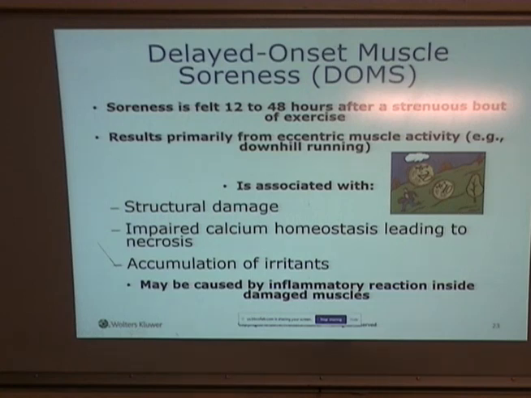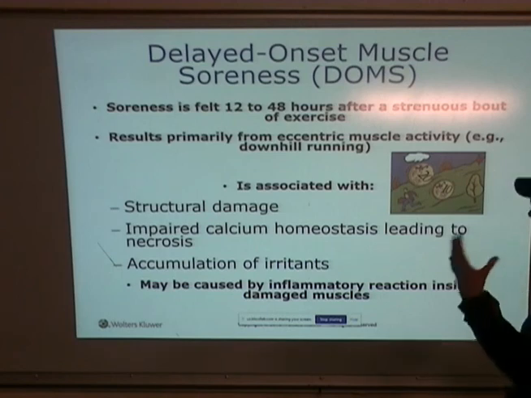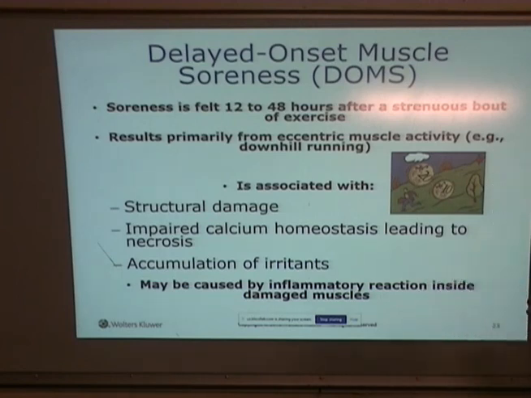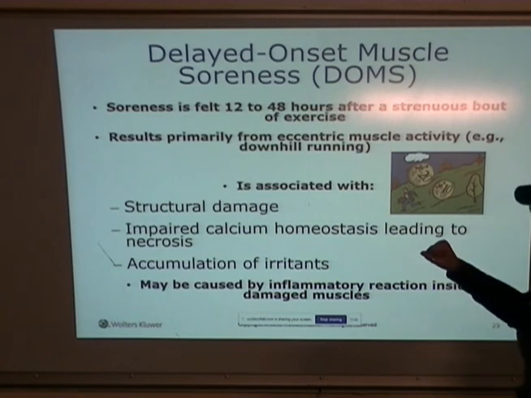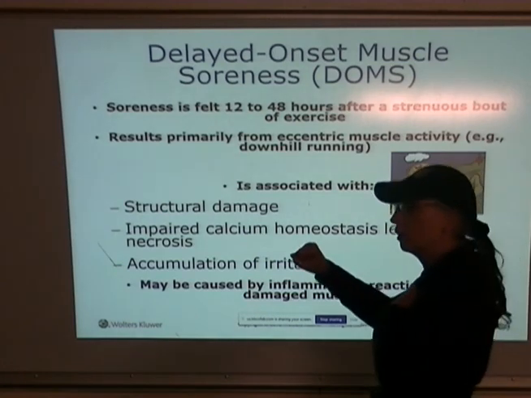Someone who's untrained is going to get a lot more sore than someone who trains on a regular basis. So you've got to be really careful with your beginners and your sedentary or low active people, because I don't know about you, but when I lift, I like a little bit of soreness the next day because it tells me I worked hard, right?